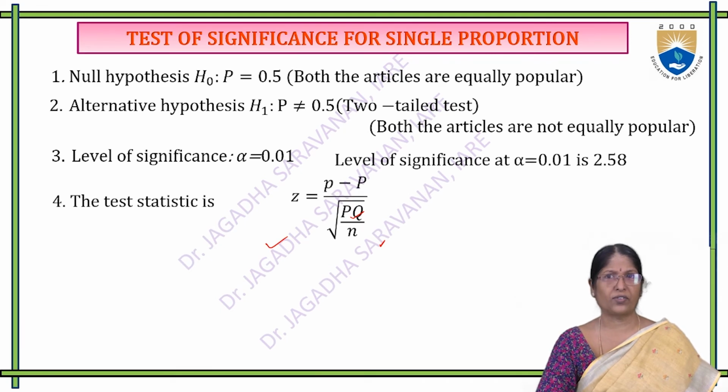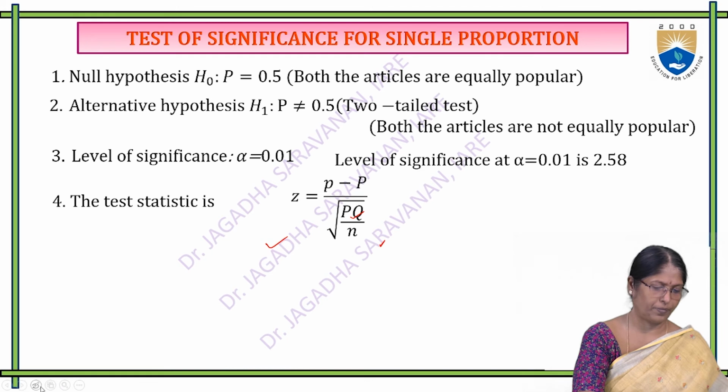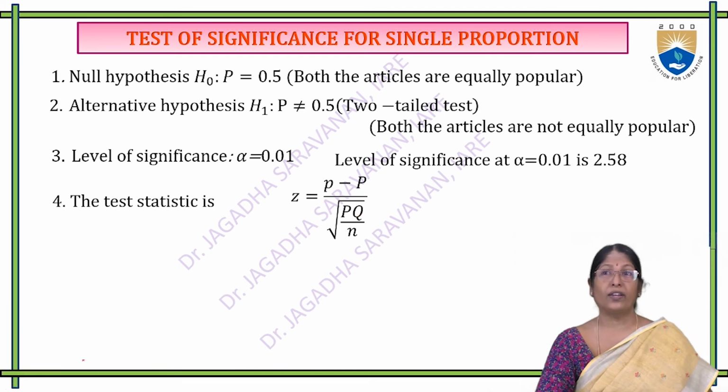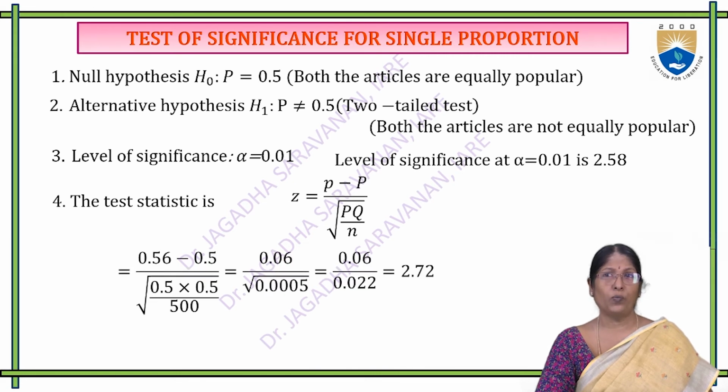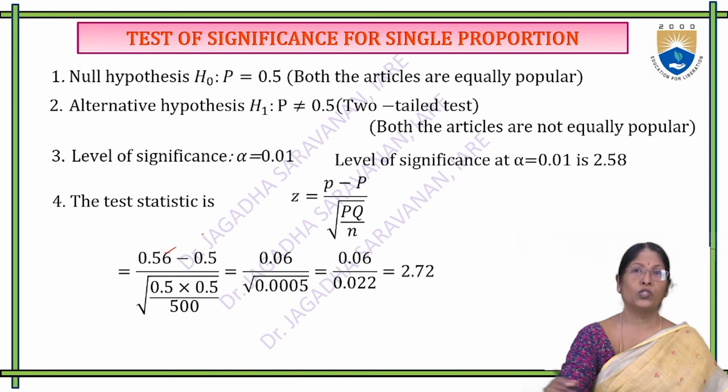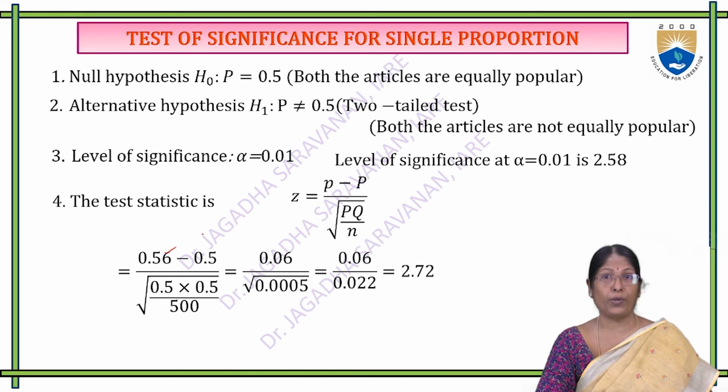The test statistic, that is z equal to small p minus capital P divided by square root of pq by n. So we have to replace it. The sample proportion is 0.56 minus capital P, it's nothing but 0.5, divided by square root of pq, 0.5 times 0.5, divided by n, that is 500.